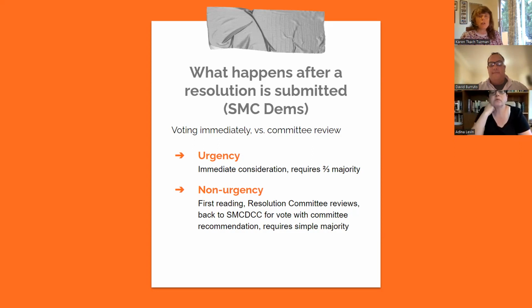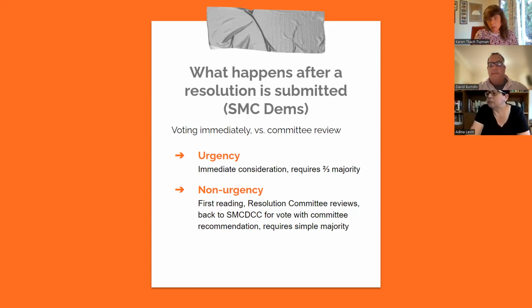The other option is to go the non-urgency route, where it's first introduced at a central committee meeting in what's called a first reading. So it gets shown to the whole county party and read through. People might have some questions that come up, but it's not voted on in that moment.